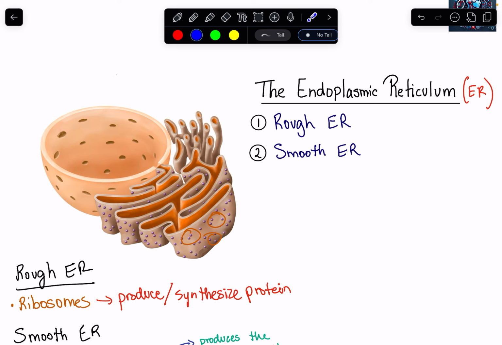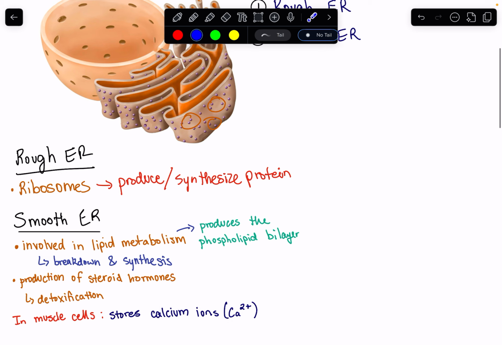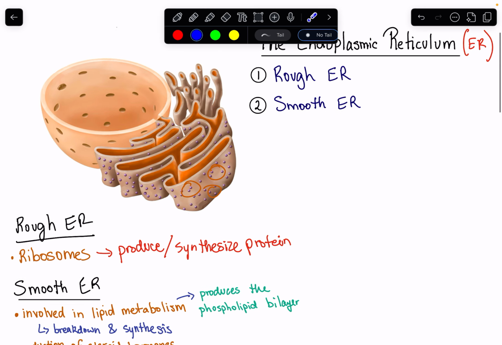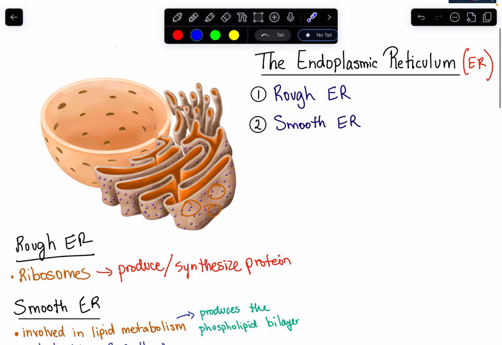And we also have the smooth ER, found right there, which is responsible for lipid metabolism, steroid hormone production, detoxification, and specifically in muscles, it stores calcium ions. And the smooth ER is also responsible for producing that lipid bilayer that we see not just on the outside of the cell that is the cell membrane, but also the membranes throughout the rest of the cell.